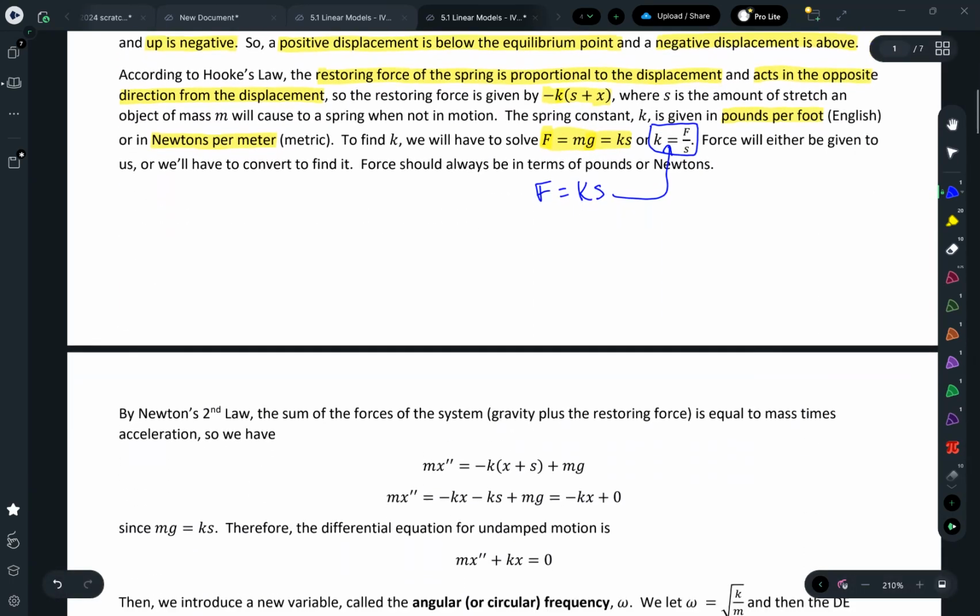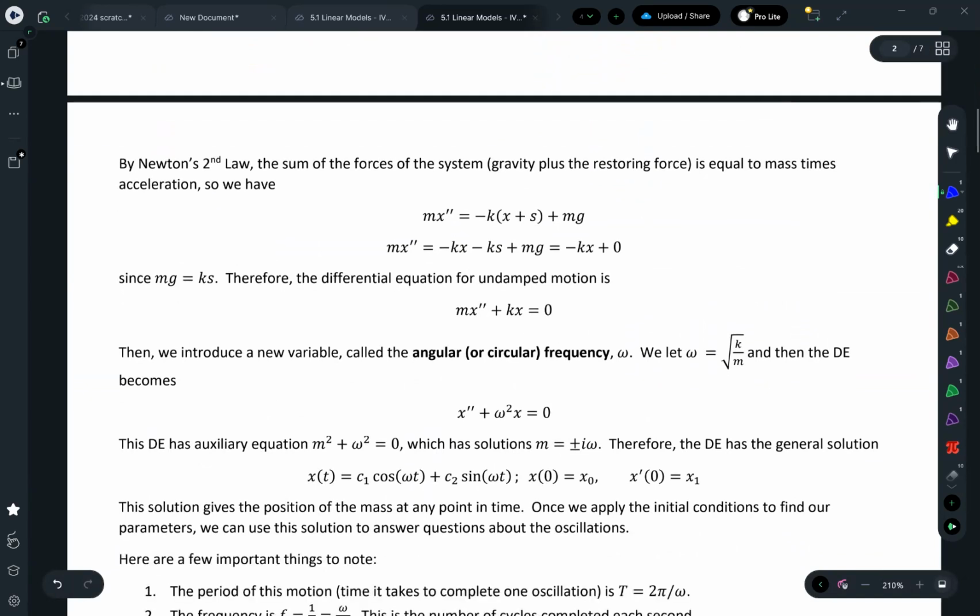Now, by Newton's second law, the sum of the forces of a system, gravity plus the restoring force, is equal to the mass times acceleration. So that's this first equation right here. Then we can distribute the minus k to the x plus s.